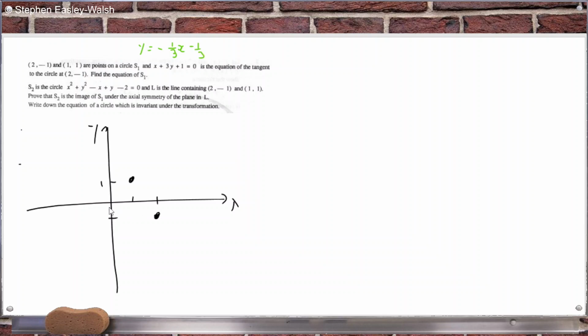So it's downward sloping, so it's going to be something like that. And so if that's a tangent, our circle might be something like this.